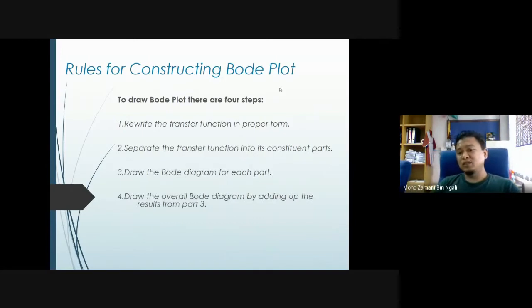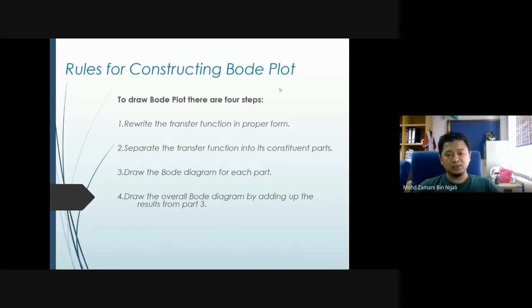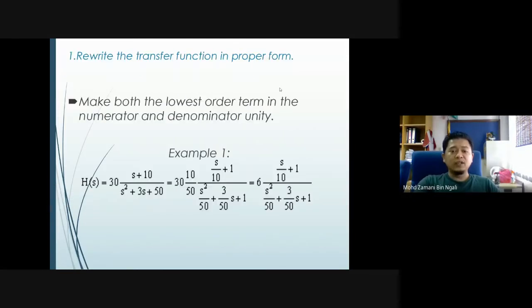Let's say in one transfer function we have 5, 6, 7 parts, so we have to draw each part. Then we draw the overall Bode diagram by adding up the results from step 3. Remember that steps 3 and 4 will be done for both the gain graph and also the phase graph. Okay, let's go to our first example.